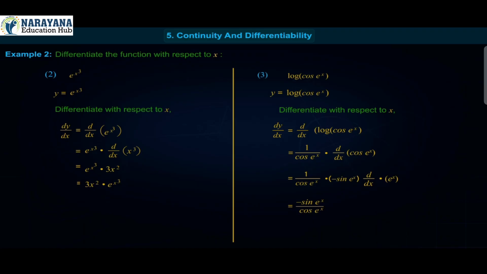This is equal to minus sin e raised to x upon cos e raised to x into e raised to x, which is equal to minus e raised to x into tan e raised to x, where e raised to x is not equal to (2n plus 1) into pi by 2, where n belongs to N.